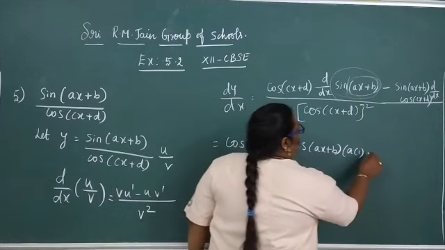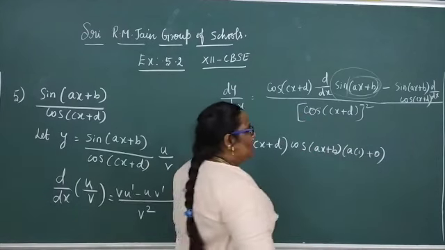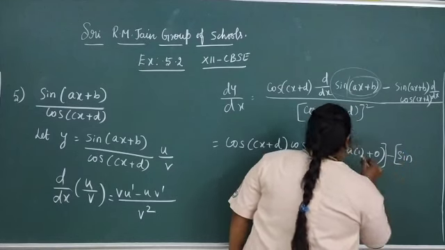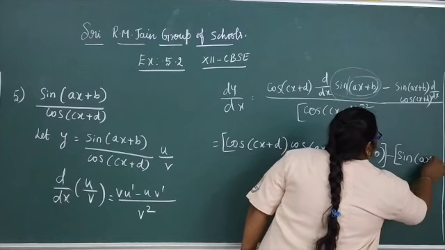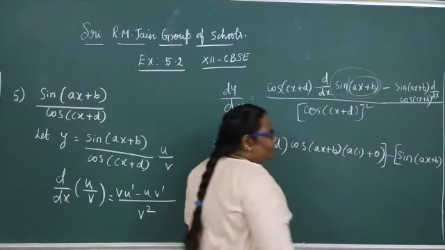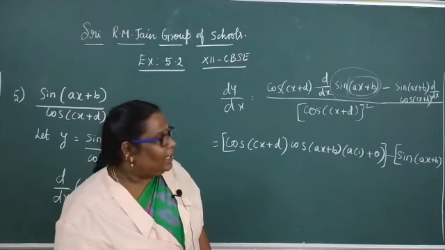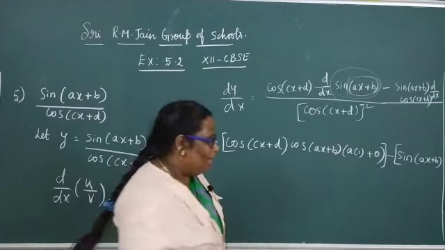What is the differentiation of b? 0. Okay, next, minus sine of ax plus b, you can put a bracket if you want, into, what is the differentiation of cos of cx plus d?